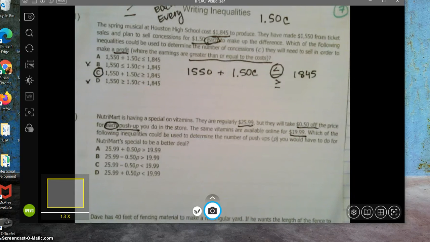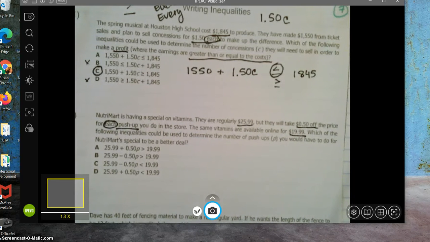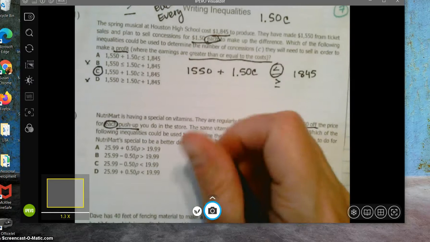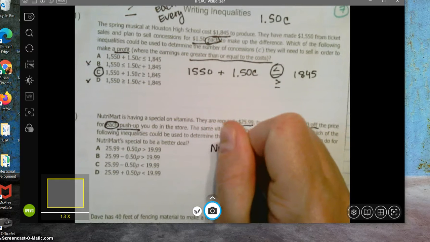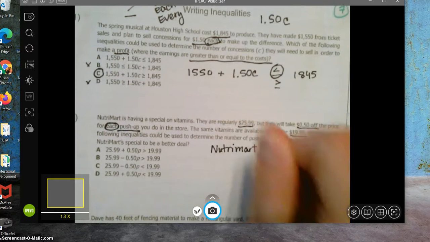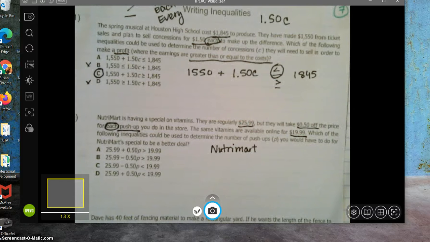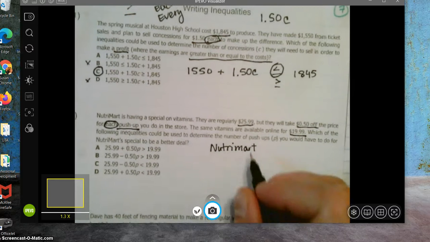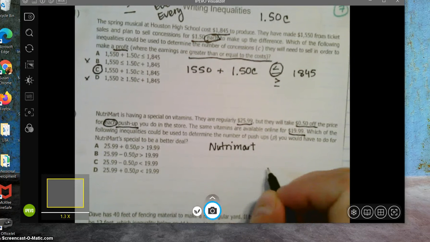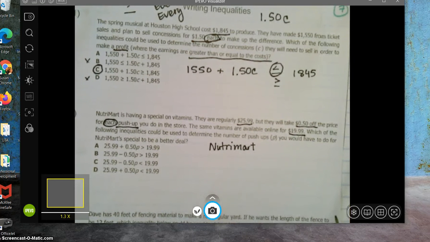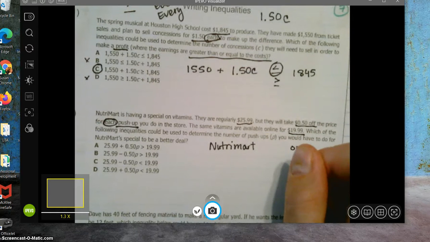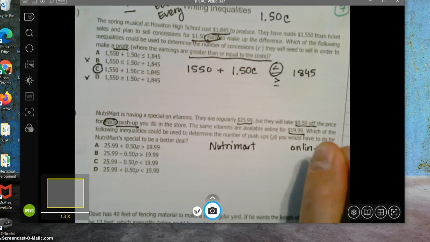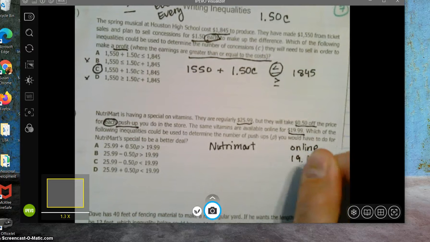So, first of all, you have to understand what a better deal is, okay? So I'm going to put Nutrimart over here. A better deal means that it's going to cost less, okay? I need Nutrimart to be less than what it is for online, okay? So online, it is $19.99.